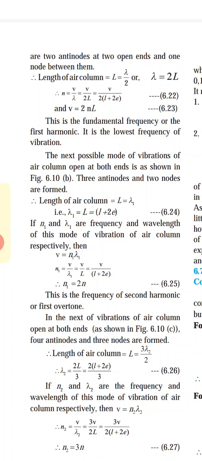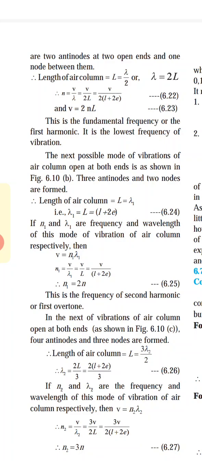N1 and lambda 1 are frequency and wavelength of this mode of vibration respectively. So V is equal to N1 lambda 1. So N1 is equal to V upon lambda 1, which is equal to V upon L plus 2E. So N1 is equal to 2N. This is the frequency of second harmonic or first overtone. So N1 is the first overtone and 2N is the second harmonic.